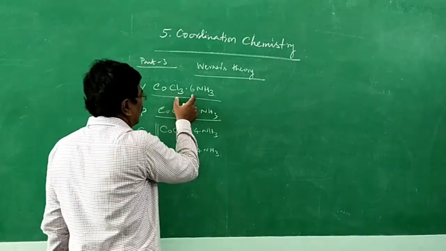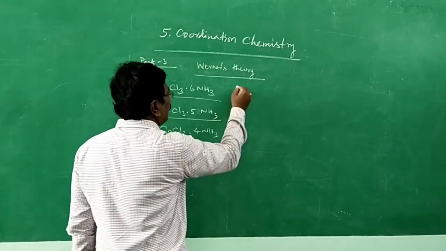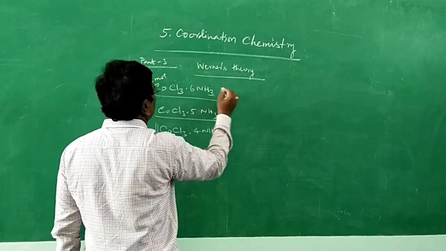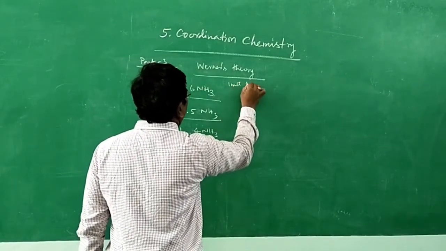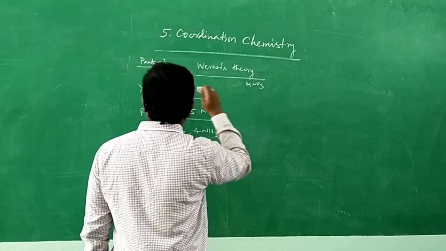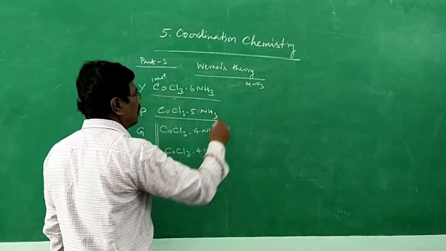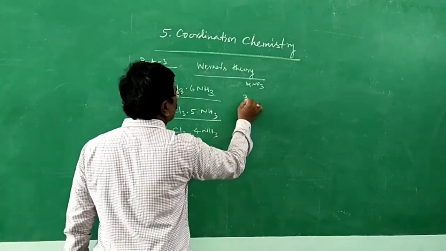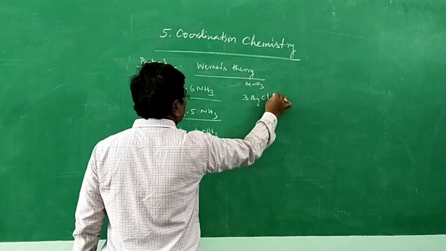If 1 mole of this compound is treated with excess silver nitrate solution, you will get 3 moles of silver chloride precipitate.